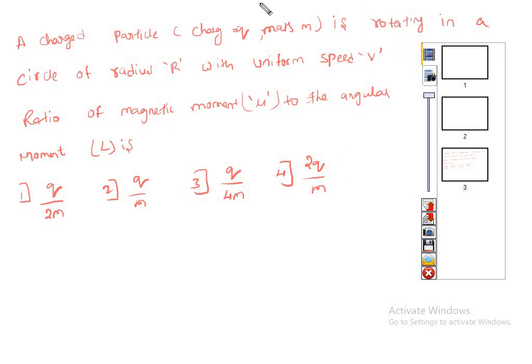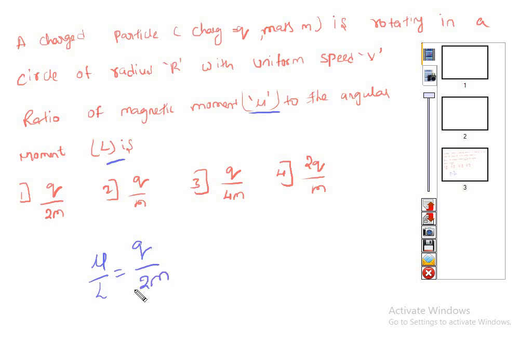Yeah, so let's see this. A charged particle is rotating in a circle. We just want to find the relation between mu and L, the angular momentum. The ratio of magnetic moment to the angular momentum is mu by L, which is equal to q by 2m, right?